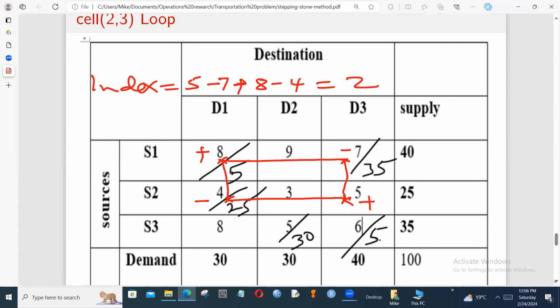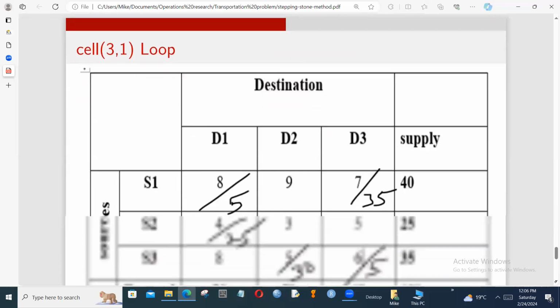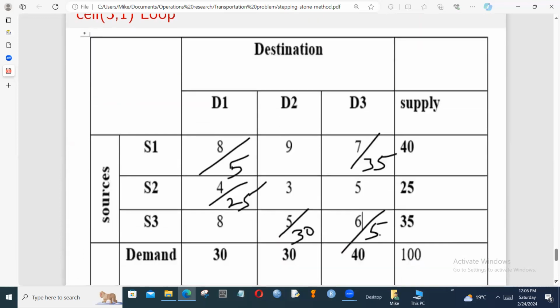And then we have one more cell, 3, 1, for which you want to draw a closed loop. The closed loop for this will appear like what we had initially.